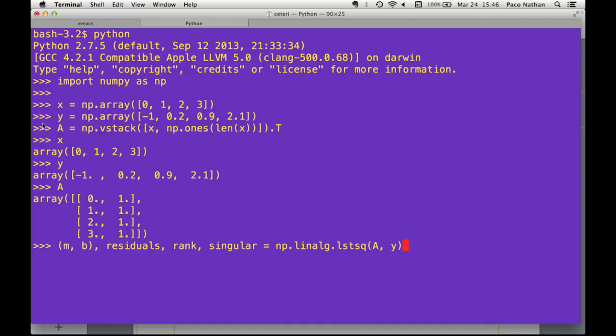And I'm going to come back with a number of different things. Here's my slope and intercept, my parameters m and b. That's effectively the p vector. And then I've got residuals. I've got the error terms. I've also got some other things that the least squares algorithm is going to give me.